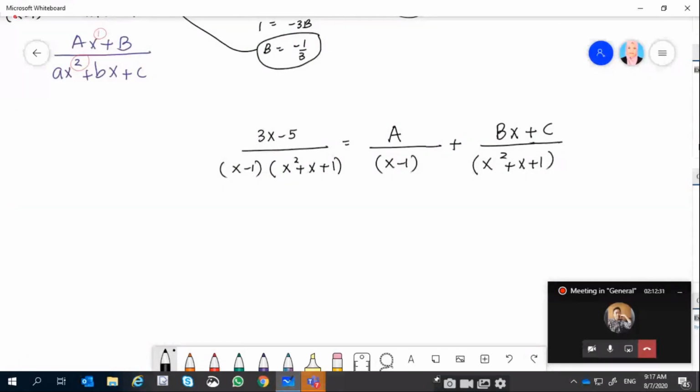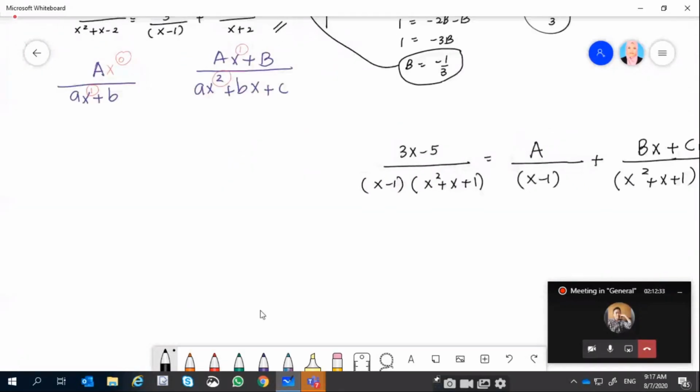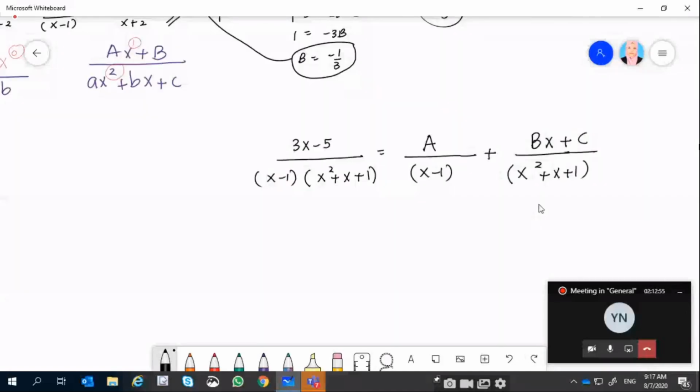Miss, is the reason for As plus B to make it proper? Is it that if the bottom power increases, the top power has to increase too?